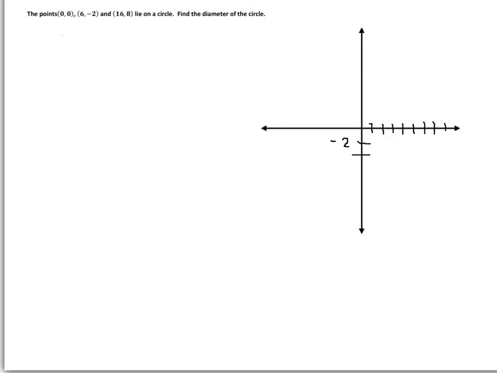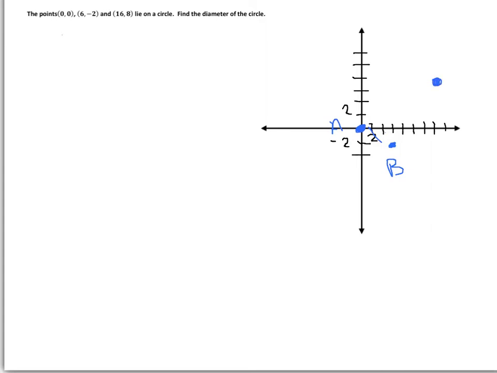So we have the point 0, 0. We're going to call that A. I have the point 6, -2. Call that B. And then 16, 8.